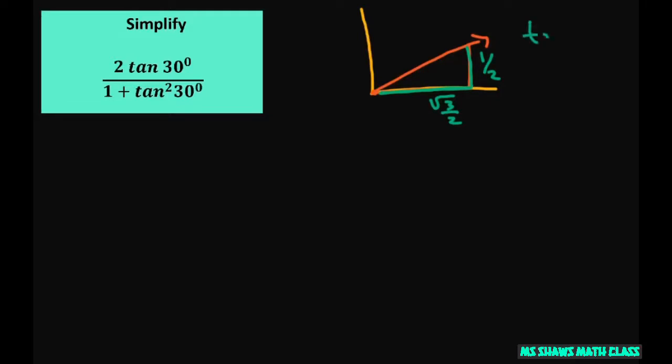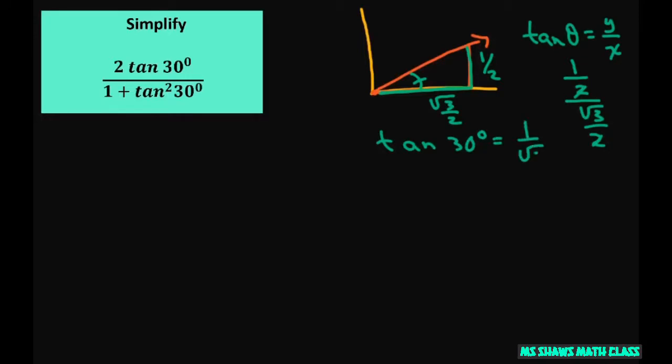Now, tan of an angle is your y divided by x. So it's just going to be 1/2 divided by square root of 3 divided by 2. So tan of 30 is 1 divided by square root of 3.